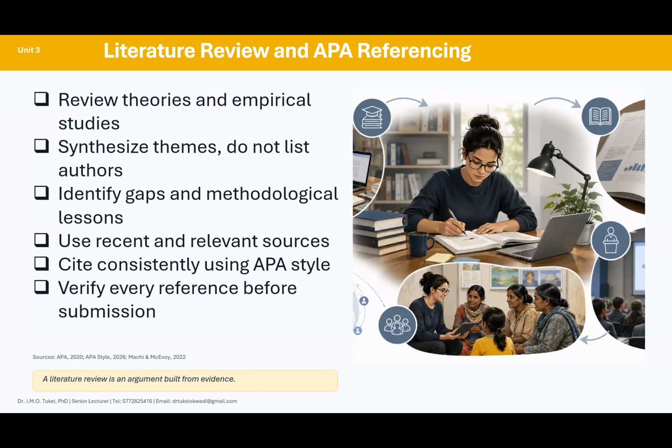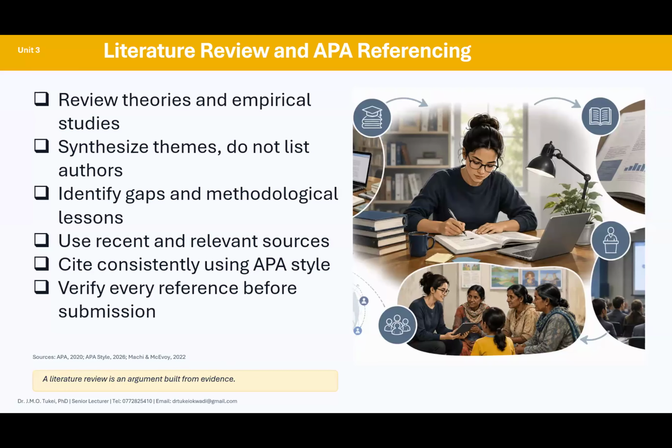Colleagues, a strong review compares, contrasts, and synthesizes studies by themes, concepts, or objectives. Sources should be credible, relevant, and sufficiently current, while foundational works may be retained where necessary.